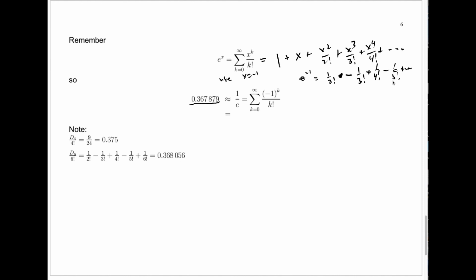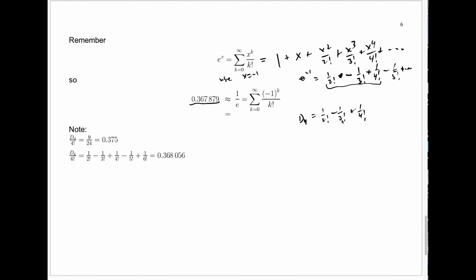Now, how does that compare with d sub n? Remember, for example, d4 was just 1 over 2 factorial minus 1 over 3 factorial plus 1 over 4 factorial.